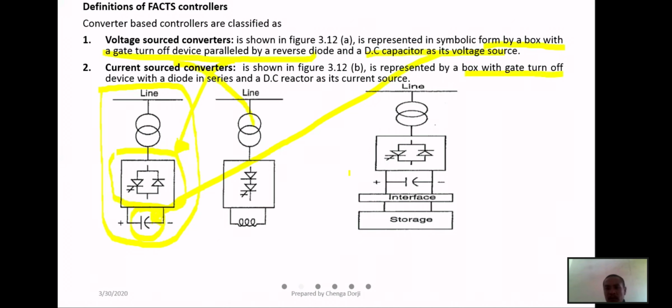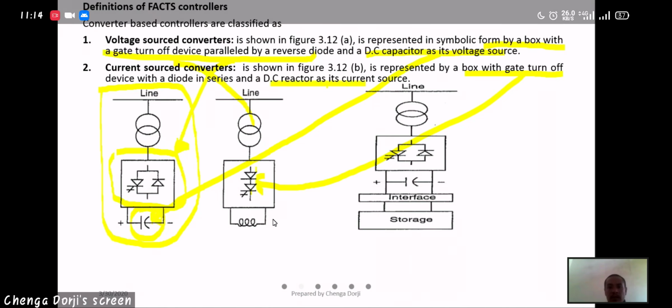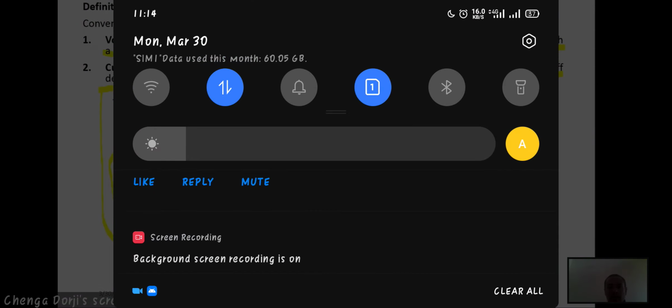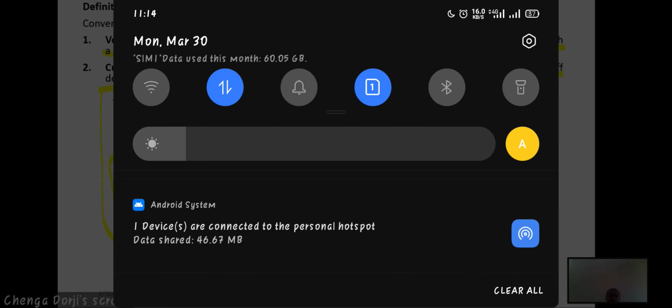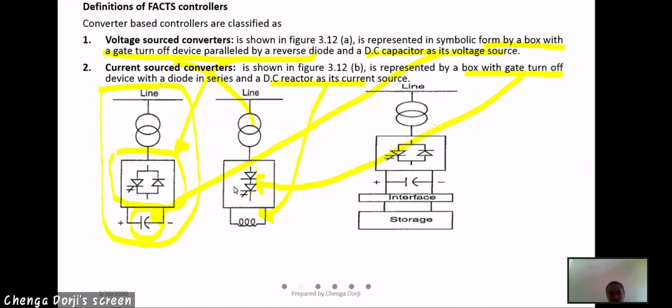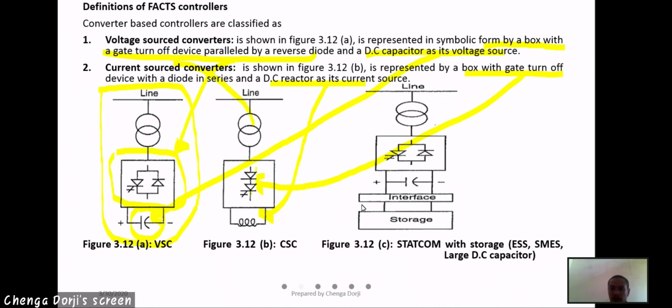This is the diode, this is your FACTS device, and the DC reactor is the current source. So this is your DC reactor, and this is your storage. With the interface, that is what it is. And voltage source, current source, that is what you have.